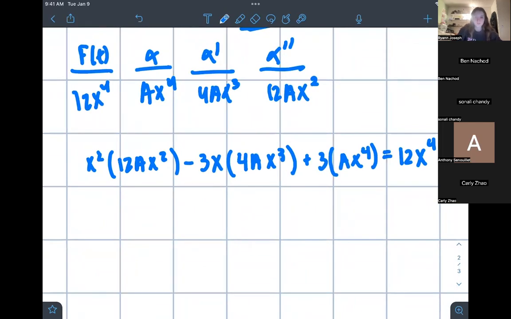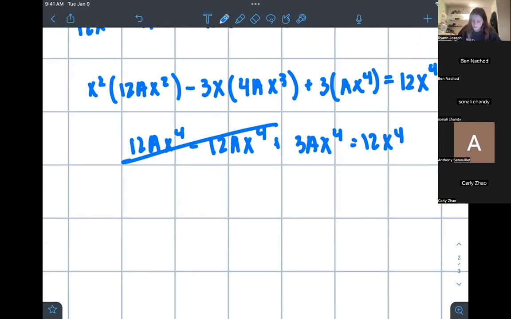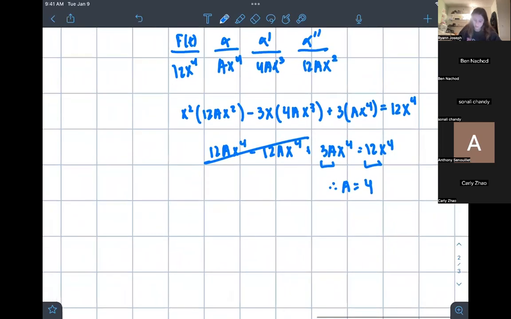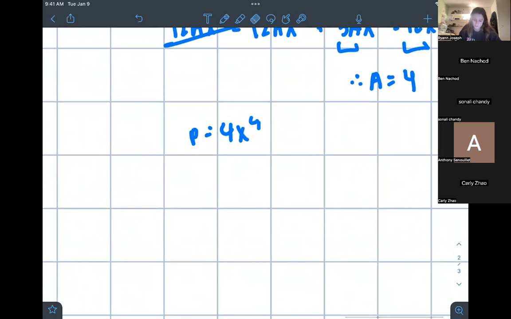Again, doing some algebraic manipulation here. 12a x to the fourth minus 12a x to the fourth plus 3a x to the fourth is equal to 12 x to the fourth. Those cancel out. We see that 3a is equal to 12, therefore a is equal to 4, which means our particular solution is 4x to the fourth.